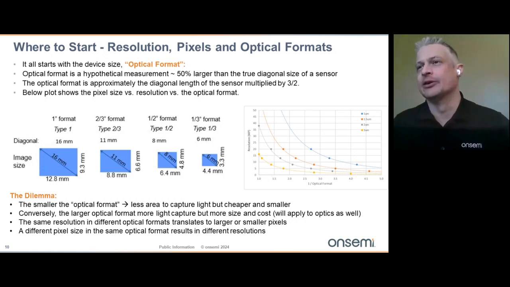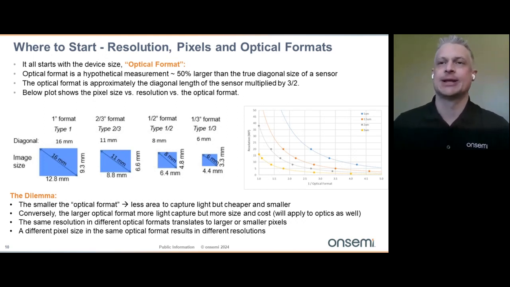And then off to the right, here's a chart showing your resolution, your pixel size, and your optical format. The dilemma that we have here is that if you keep the same resolution in a different optical format, what it means is that in the larger optical format, you have a bigger pixel. In the smaller format, you have a smaller pixel, of course. The bigger pixel is able to capture more light.